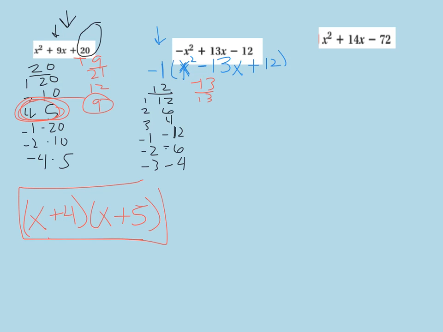Since the number is the same but the sign is opposite, I want to use my opposite signs. So right there would be my two factors. So I have x minus 1, x minus 12. That right there is not your final answer. You have to make sure to also include the negative 1 that you already took out.